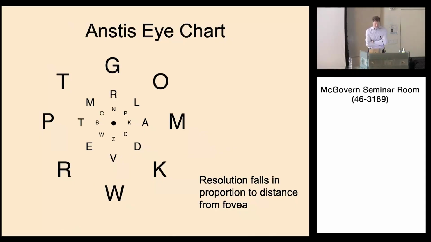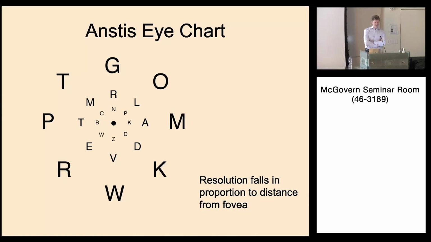So this is an eye chart that was designed by Stuart Anstis, a vision scientist, that is intended to compensate for changes in resolution with eccentricity. The idea of this eye chart is that if you look at the center dot, then all of the letters should be equally recognizable. The reason for this is that the size of the letter has been scaled up with eccentricity.